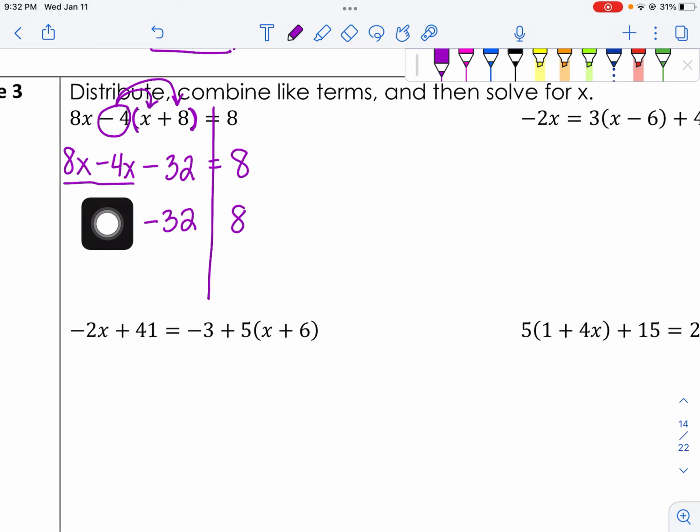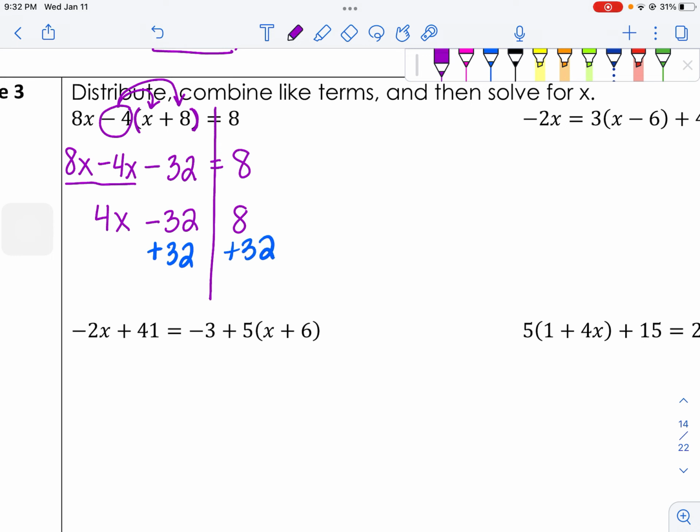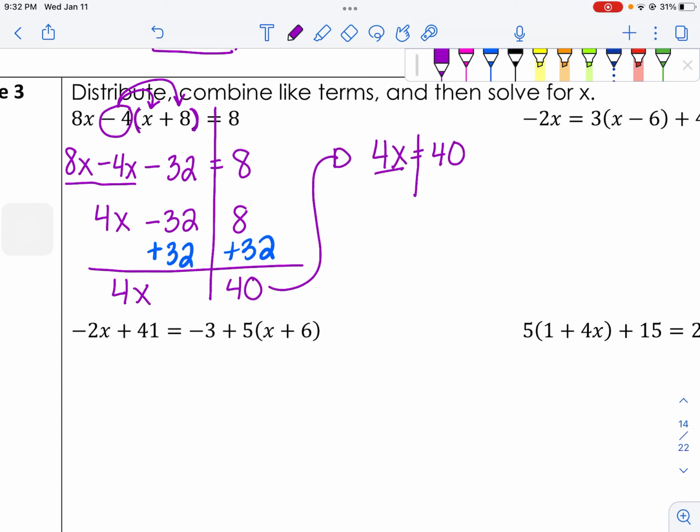And then we want to get this x term by itself, so we need to next deal with that minus 32, and the inverse operation of subtracting 32 is adding 32 to both sides. And we get 4x equals 40. And if 4x equals 40, we can divide both sides by 4, and we get x equals 10.